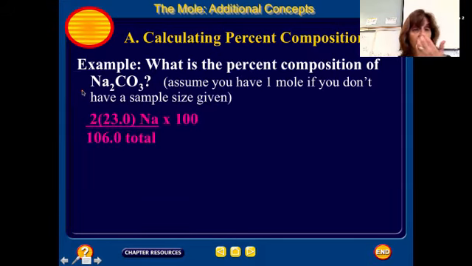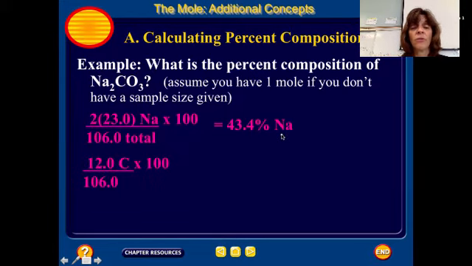So in one compound, you have 2 sodiums times 23 grams per mole, that's from the periodic table, of sodium, divided by 106, which is the total molar mass of sodium carbonate. So 46 divided by 106 times 100 gives you 43.4% sodium.